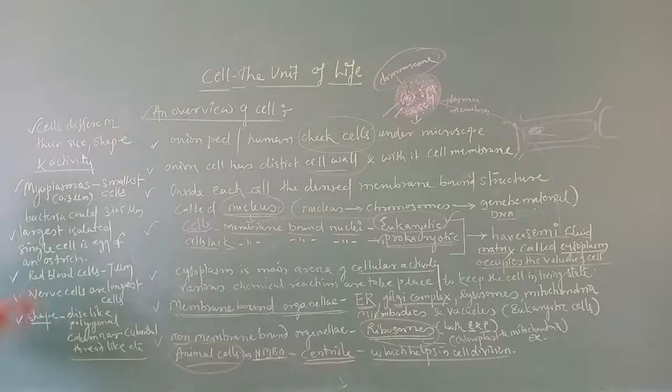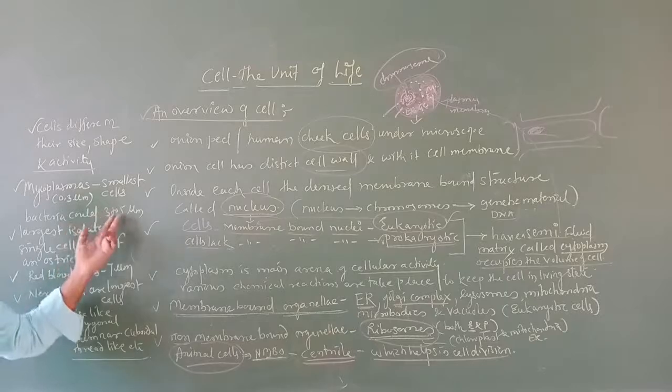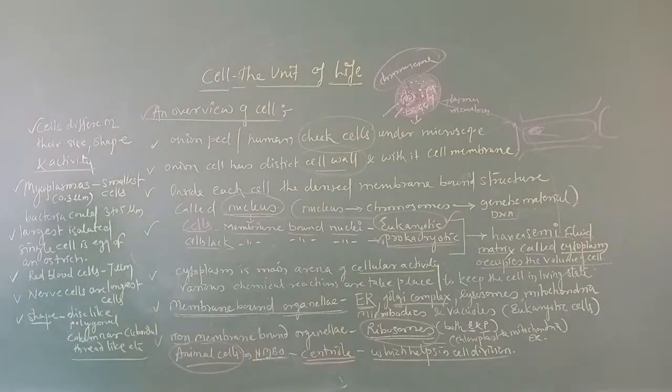The first one is mycoplasma. Mycoplasma is the smallest cell, and it measures about 0.3 micrometer, whereas bacteria measure 3 to 5 micrometer. The largest isolated single cell is the egg of an ostrich.